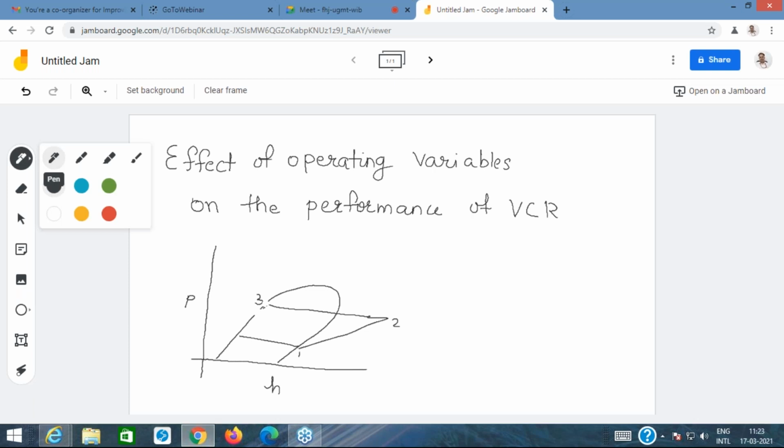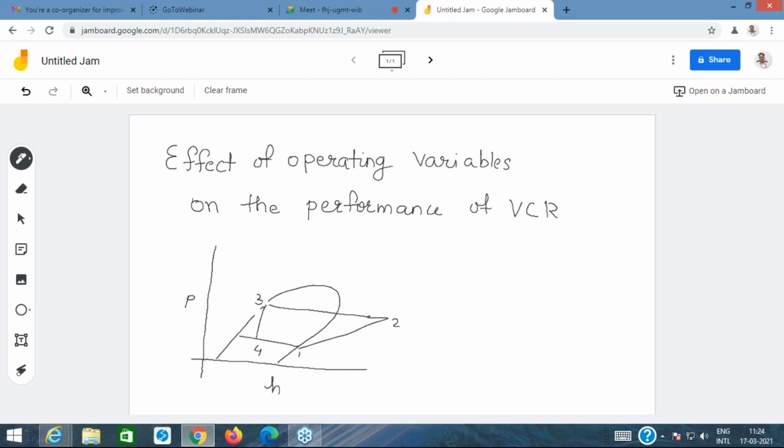So this 3 to 4 is a vertical, meaning that it is isenthalpic. So you can excuse me for the diagram not looking exactly the way I want it to appear.